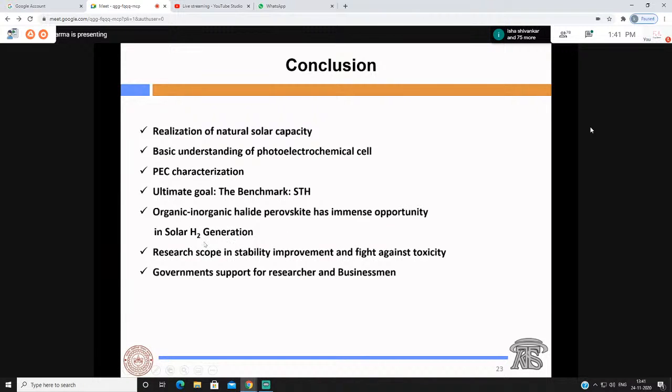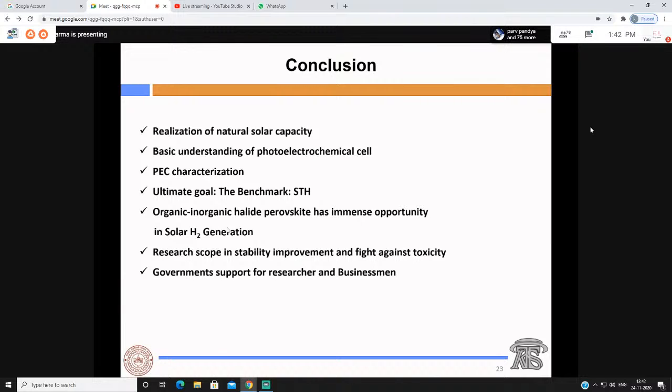Then one more thing related to the perovskite material: there are certain limitations of this material, so there we have an edge for research. One is the stability of the material. The other is that it contains a toxic component, lead.